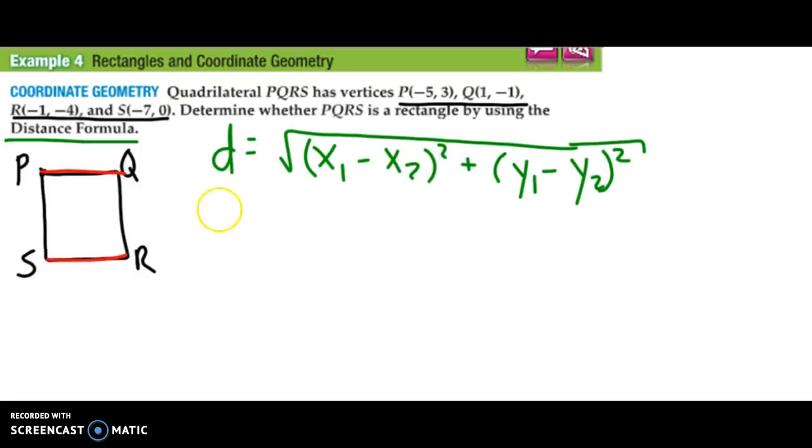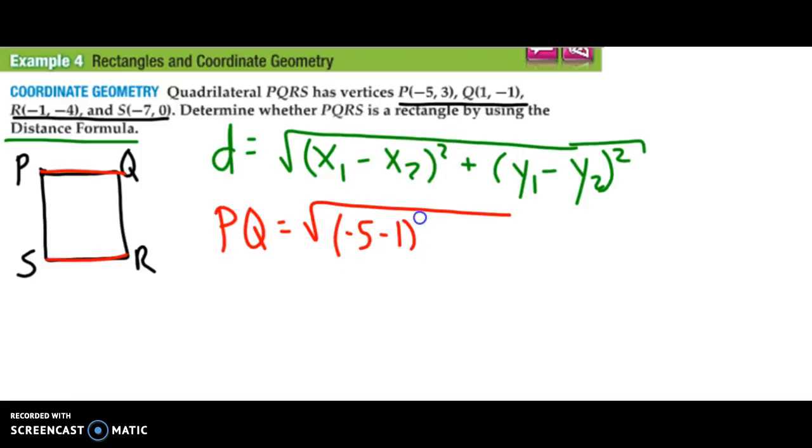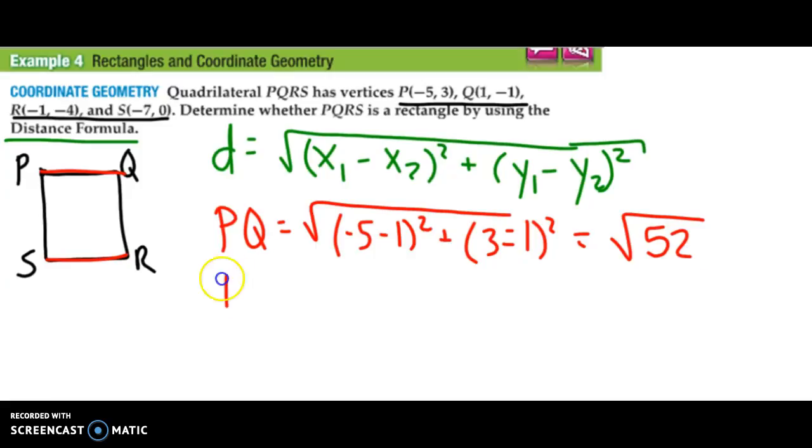So PQ, its distance is going to be negative 5 minus 1 squared plus 3 minus a negative 1 quantity squared, which equals, if I put it all into my calculator, the square root of 52.